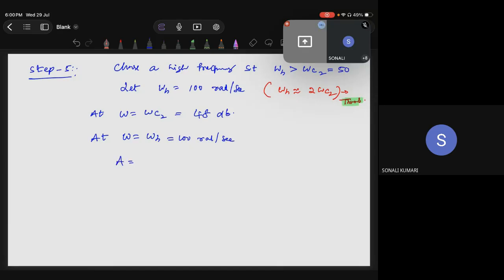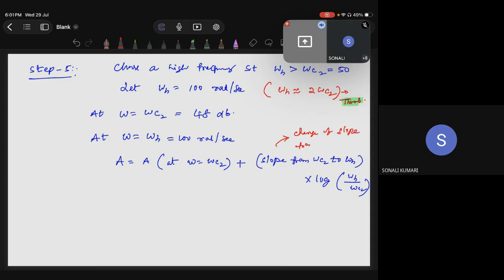It will follow the same procedure: the A value at omega c2, plus the change of slope from omega c2 to omega h multiplied by log of omega h by omega c2.